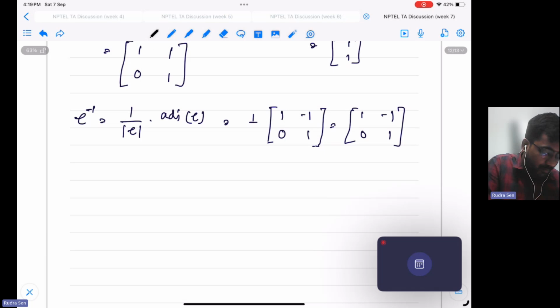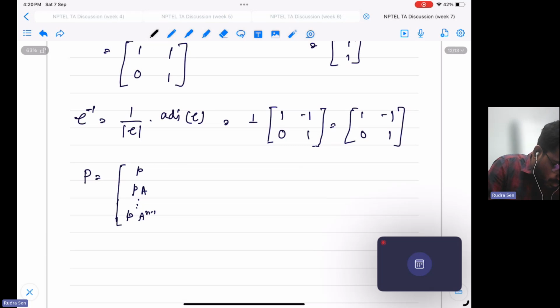So how to find out the P matrix? The P matrix is basically, let's say, in this format: P, PA, up to P A to the power n minus 1. Now what is P?